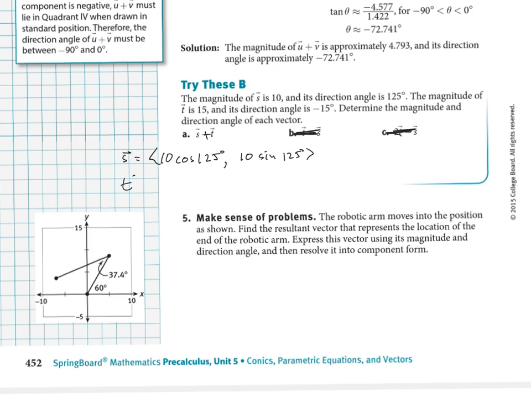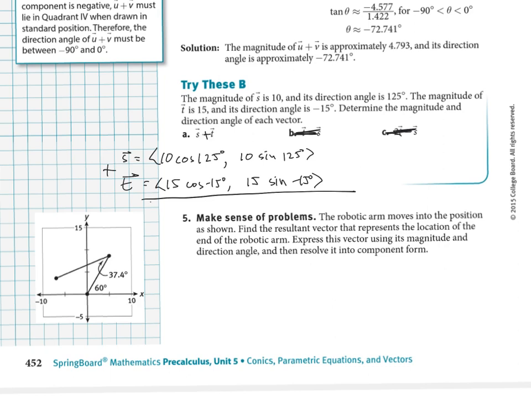Vector T, put this in components. We don't have the numbers yet. 15, and then it says the direction is negative 15, so cosine of negative 15, and then 15 sine of negative 15. So in order to add these together, I just stacked them up like this kind of on purpose. It would be all of these things added.